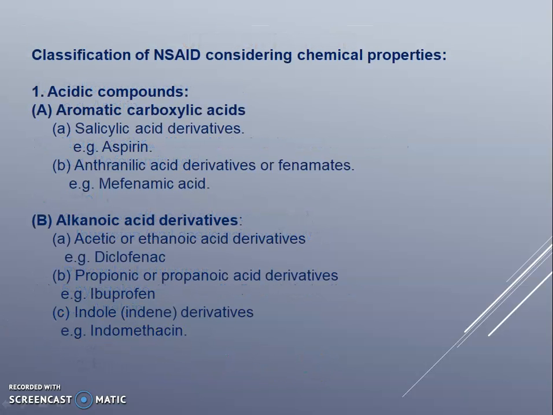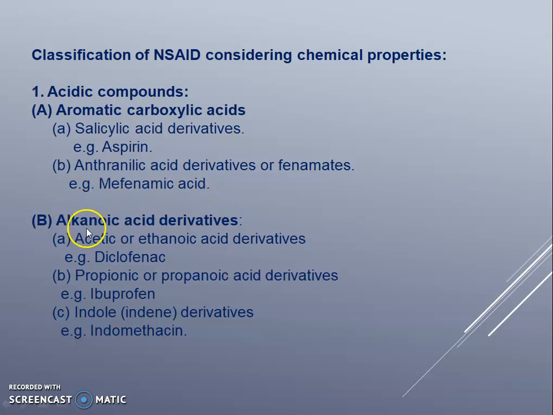Now depending upon chemical property, the classification of NSAIDs is acidic compound, which again is divided into aromatic carboxylic acid derivative, salicylic acid derivative, for example aspirin, and anthranilic acid derivative or fenamate, for example mefenamic acid.